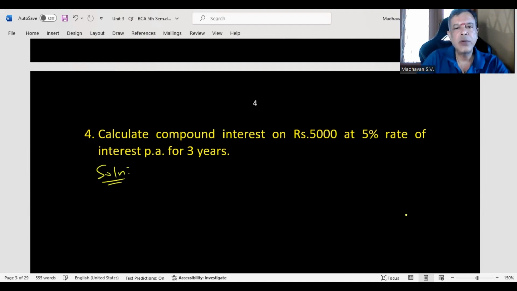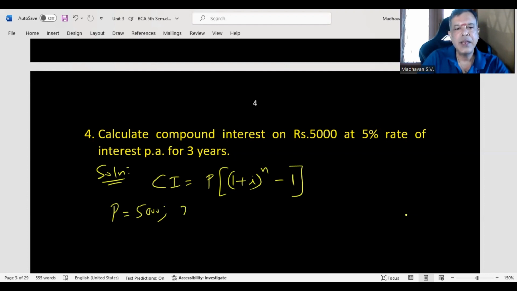This is also calculate compound interest. So CI is P times 1 plus I to the power of N minus 1. P is given as rupees 5,000 and N is given as 3 years and I is given as, means here the conversion again it is only 3. Conversion we may do only if it is given in terms of interest per annum, chargeable on quarterly basis or half yearly basis or monthly basis, like that.